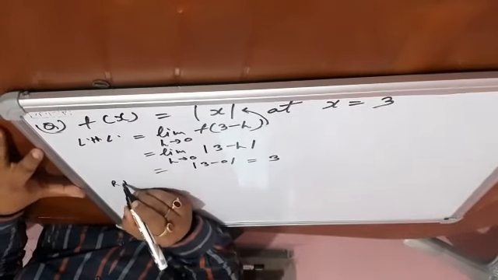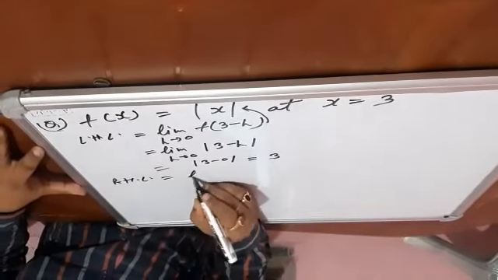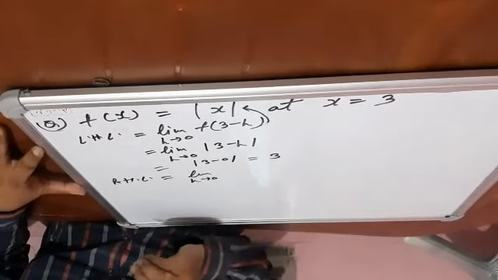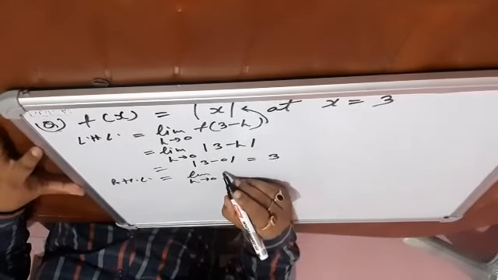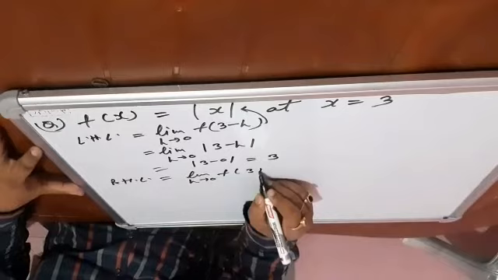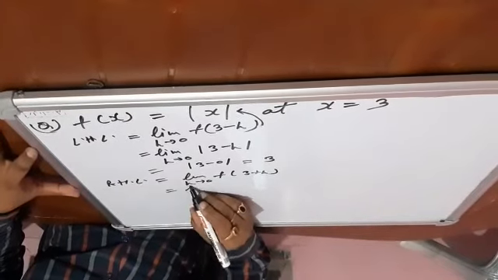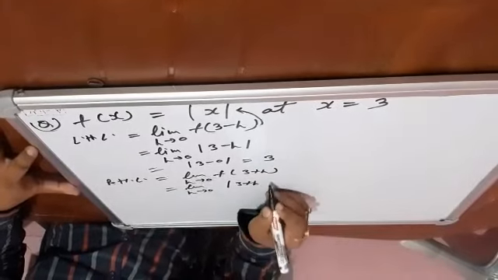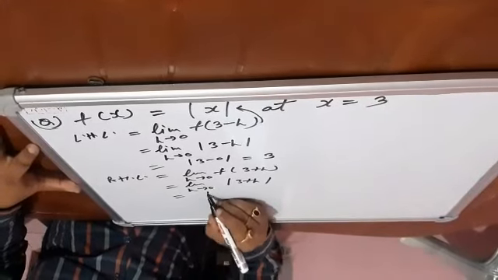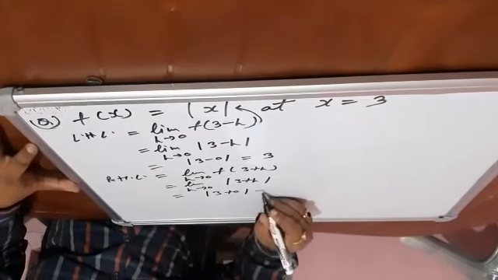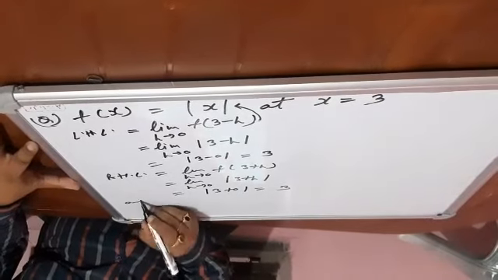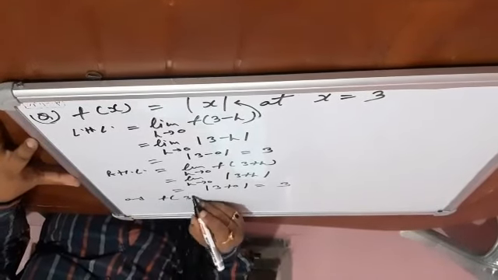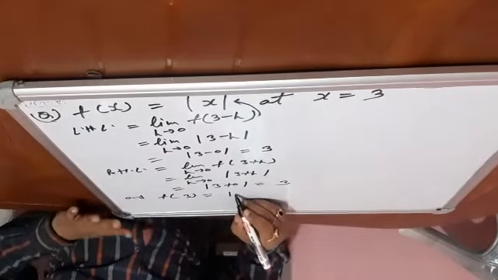Now come to the RHL portion. It is limit h tends to 0, f of what? 3 plus h. Limit as usual, it is mod of 3 plus h. At the very next step use the value of the limit, 3 plus 0, its value is also 3, and the value of the function, f(3), is simply mod of 3.